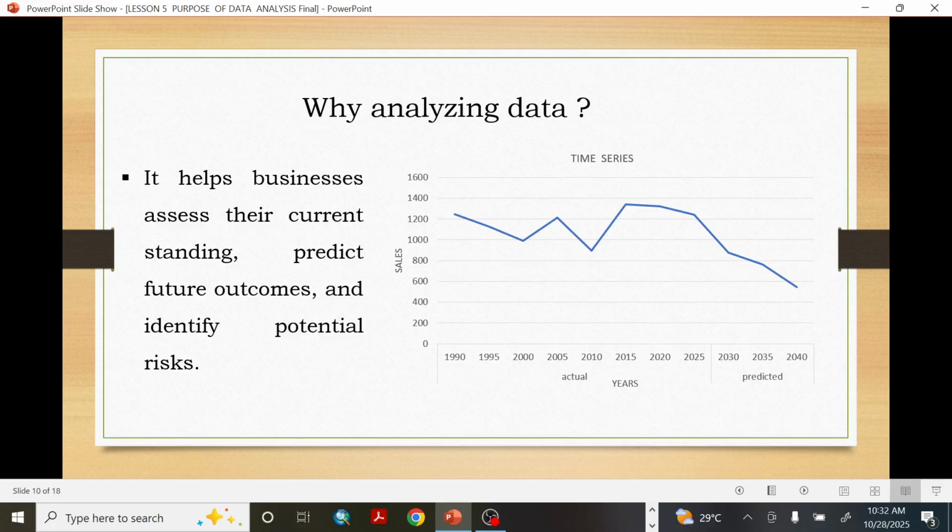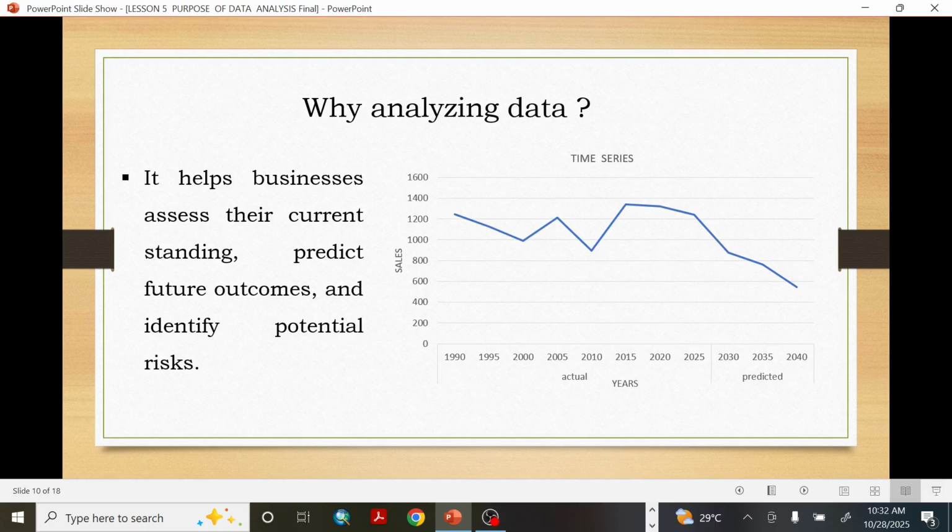Another example here is known as the trend analysis, and it helps businesses to assess their current standing. They can predict the future outcomes and identify the potential risk. So here, usually this one needs only the present data, the past and the present. Then it will predict what will happen in future.